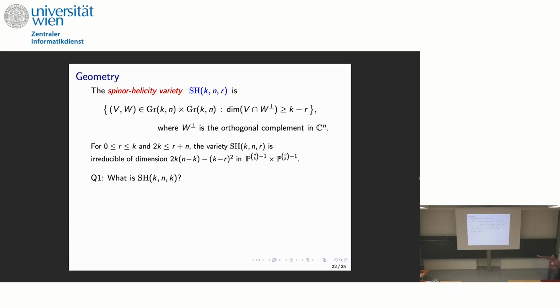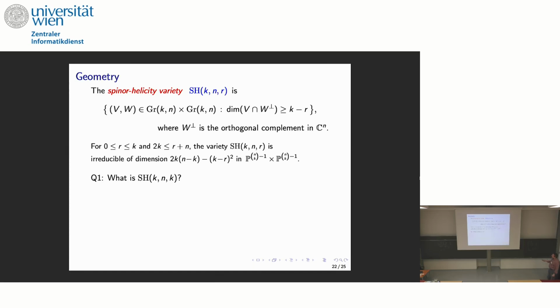I'm going to look at pairs of subspaces V and W such that V meets the orthogonal complement of W in large enough dimension. I'm going to call this the spinor helicity variety. And yes, Lizzie, it's in a product of 2 projective spaces. It's in a usual dot product, let's say.